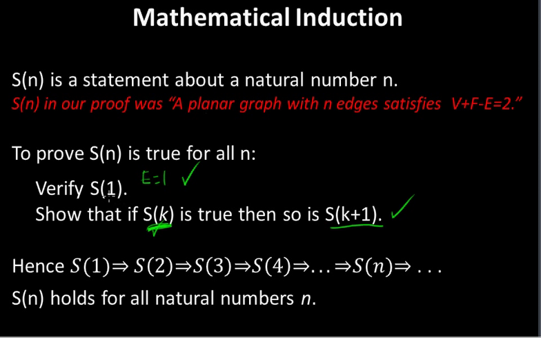Well, if that's true, and we showed that it's true when k is 1, then the statement is true about 1, so it's true about 2 edges, so it's true about 3 edges, it's true about 4 edges, etc. In other words, the statement holds true for all natural numbers n. This is a method of proof that is used often to prove statements about all natural numbers.